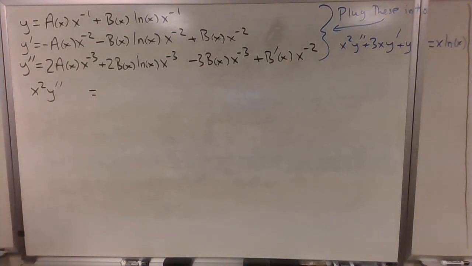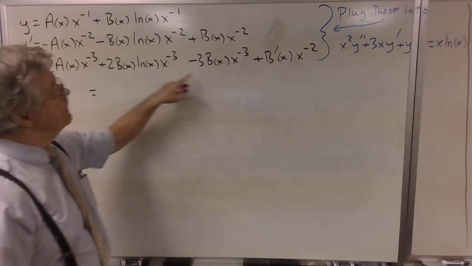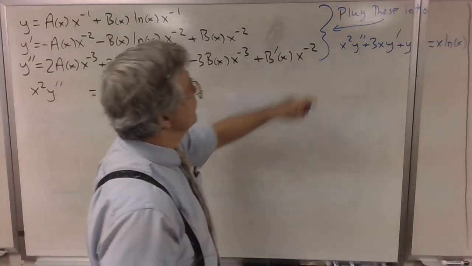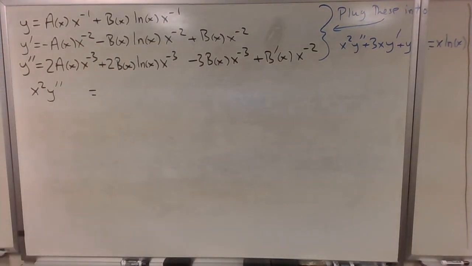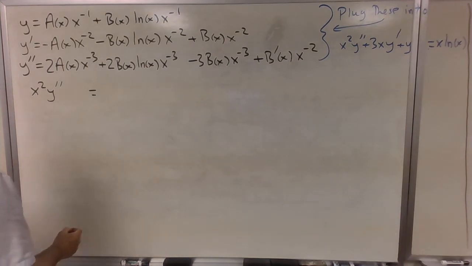That's going to be equal to x squared times this thing. So essentially I take each term and raise the power of x by 2.